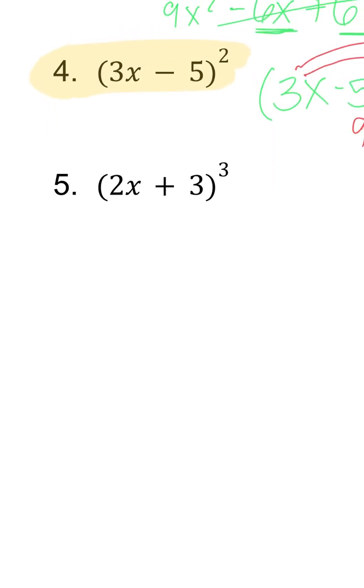Now notice, it says the power of 3 on here. We haven't done anything like that yet, right? So, there's a way we can do this that will help us out a little bit more. So first, let's separate our parentheses. So we have 2x plus 3 times 2x plus 3 times 2x plus 3.